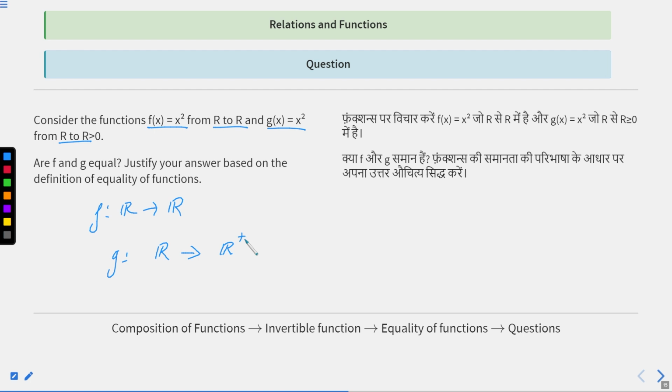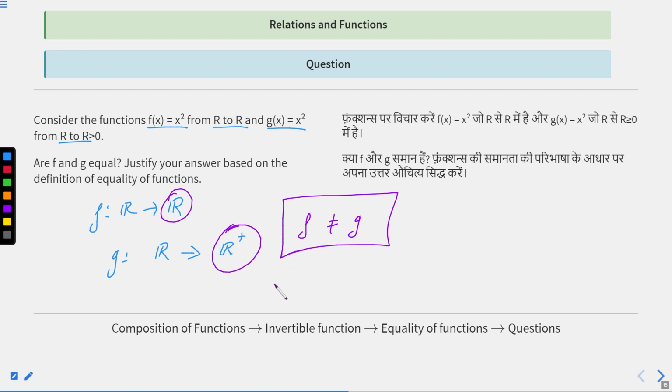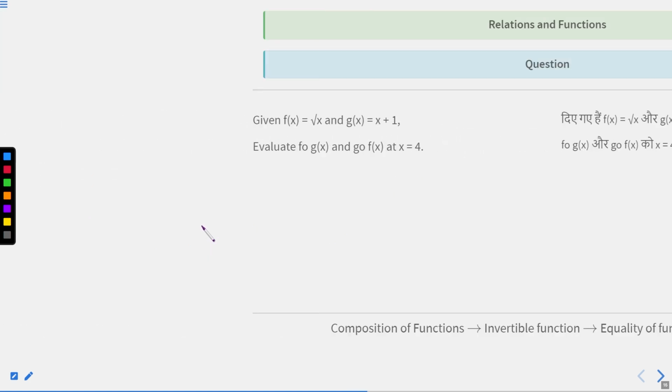Based on our definition, the codomain also must be equal to each other. Here the codomains are not equal, so according to our definition, the function f is not equal to g. We only talk about the equality of functions when the codomains are given to us equal to each other. I hope that it is clear to you.